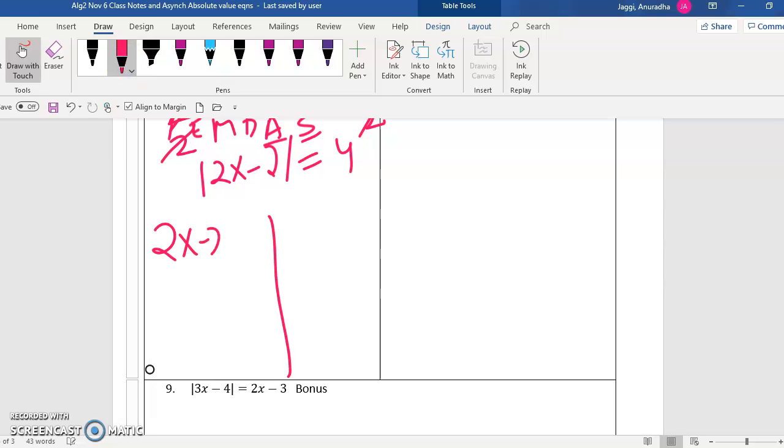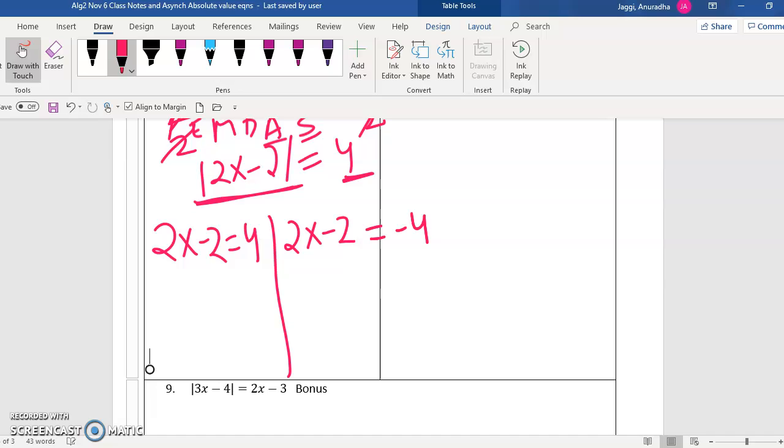2x minus 2 is equal to 4 and the other part is 2x minus 2 is equal to negative 4, because now my left hand side is only absolute value and the right hand side is a positive number. So what did I do to get there? I got rid of everything that was multiplied, added, or subtracted, and I used opposite of PEMDAS.